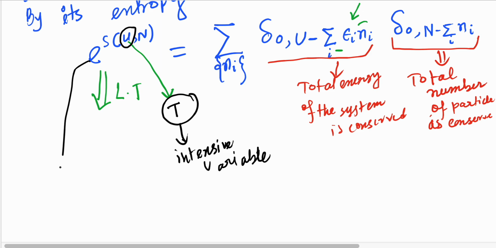So the canonical ensemble is the Legendre transform of this form, where we replace one extensive variable, the total energy, by an intensive variable.